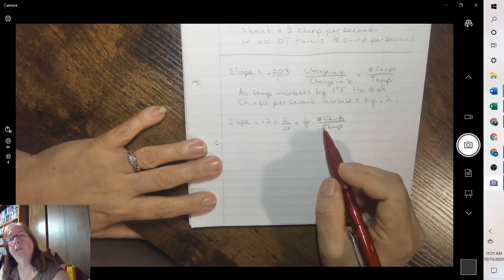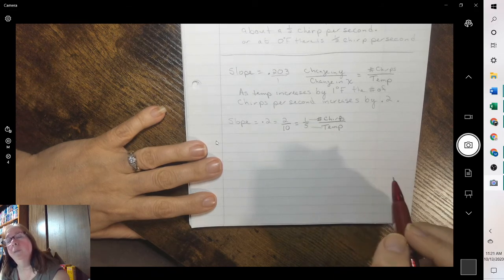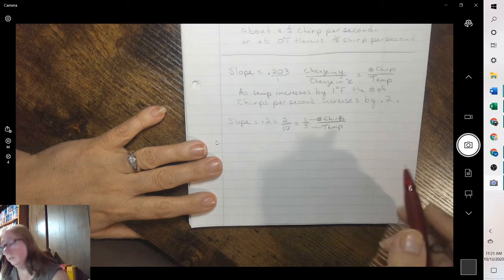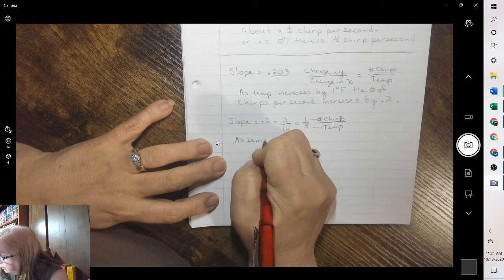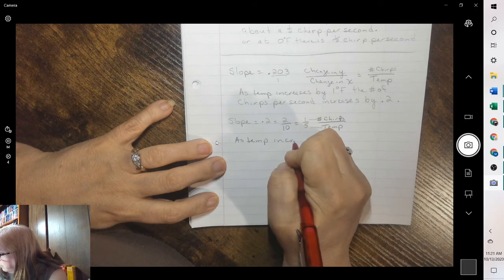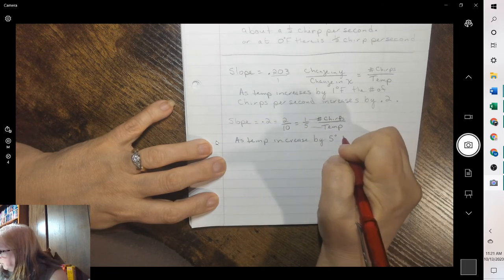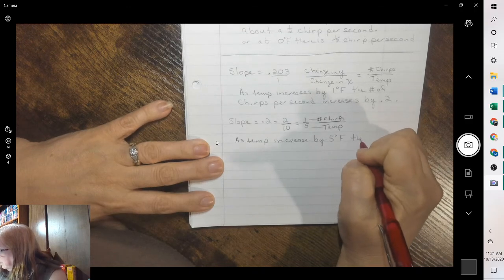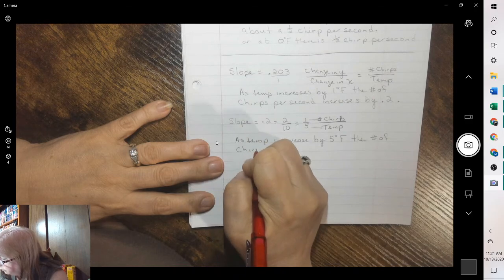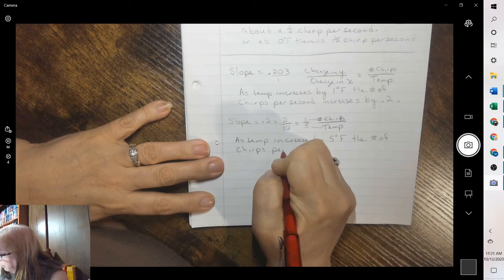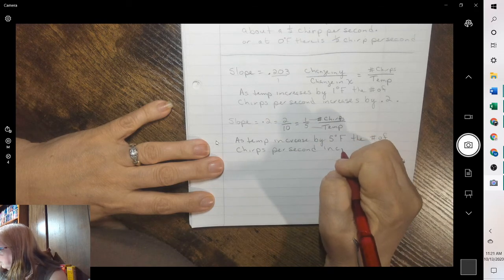When the temperature goes up 5 degrees, the number of chirps goes up 1. So as the temperature increases by 5 degrees Fahrenheit, the number of chirps per second increases by 1.